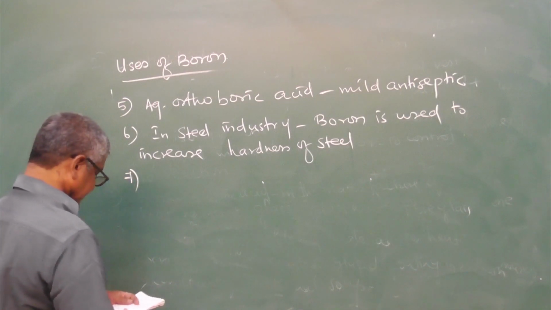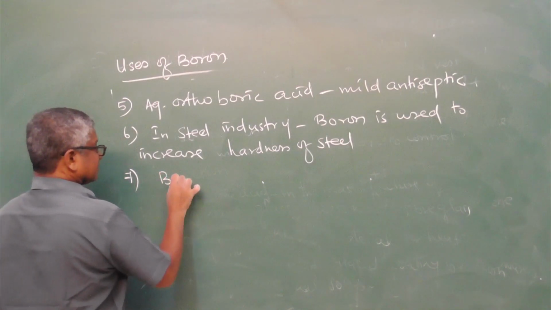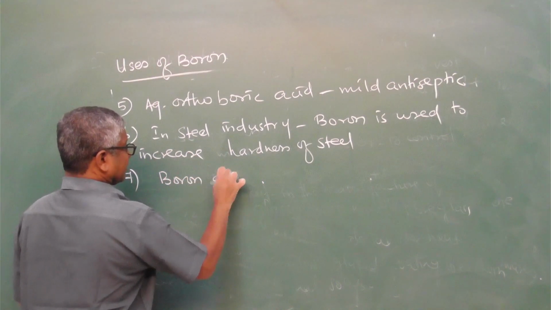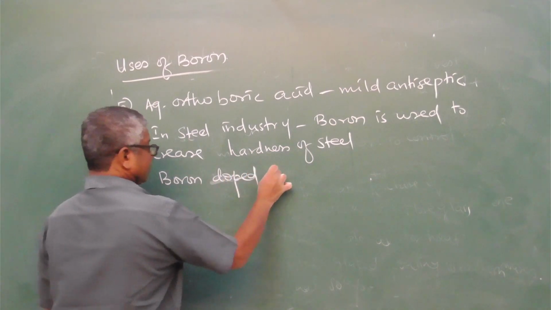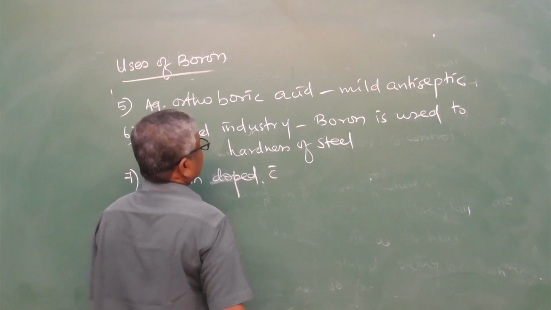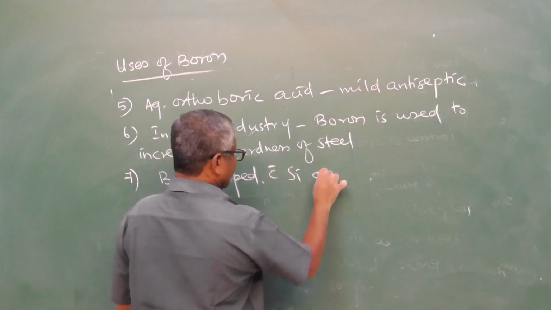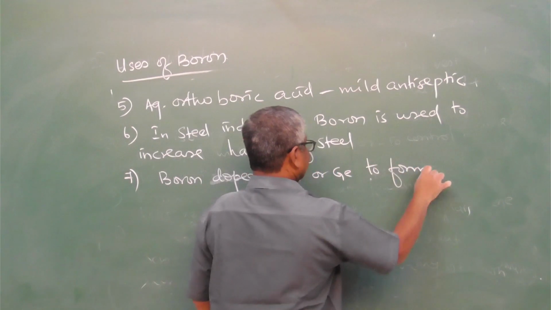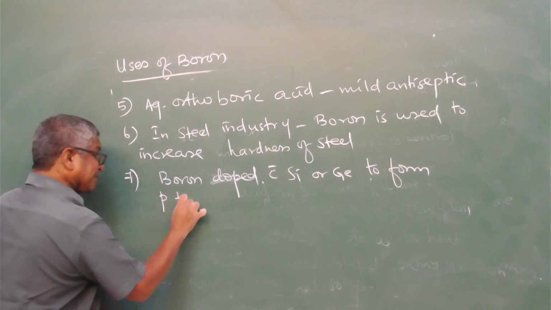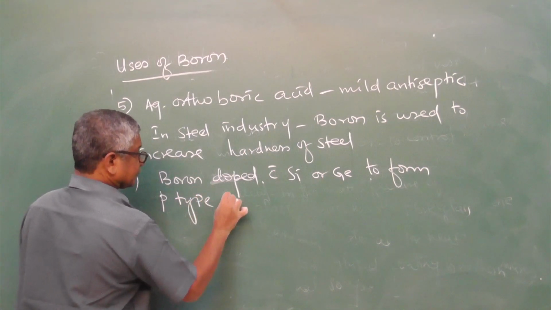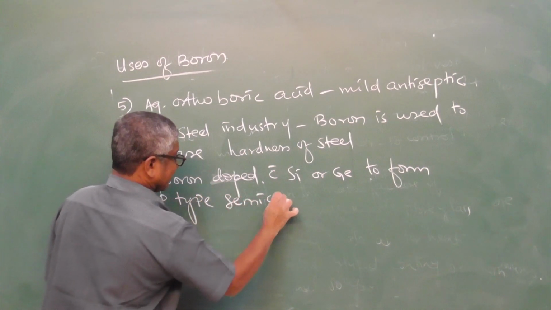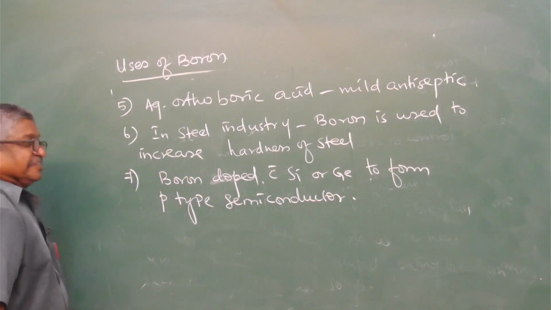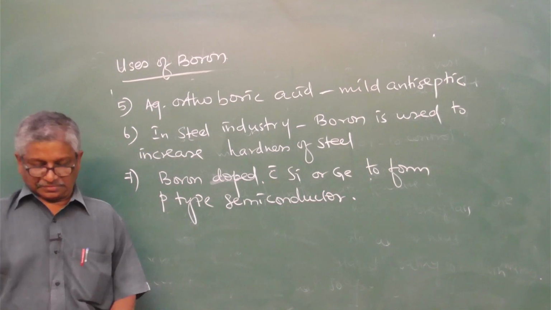Next, boron is doped with silicon or germanium to form P-type semiconductor. These are the uses of boron.